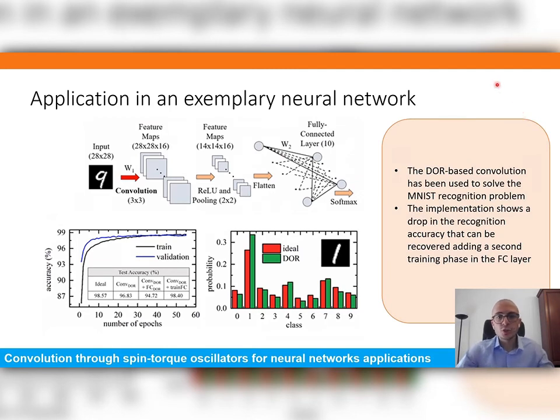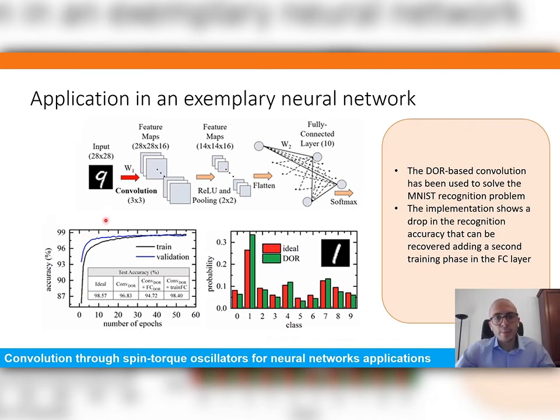In conclusion, we applied the DOR-based convolution also to solve the MNIST recognition problem, so to recognize handwritten digits. And we did so by implementing a very small neural network that in the starting case gave us an accuracy of 98.6% successful recognition.